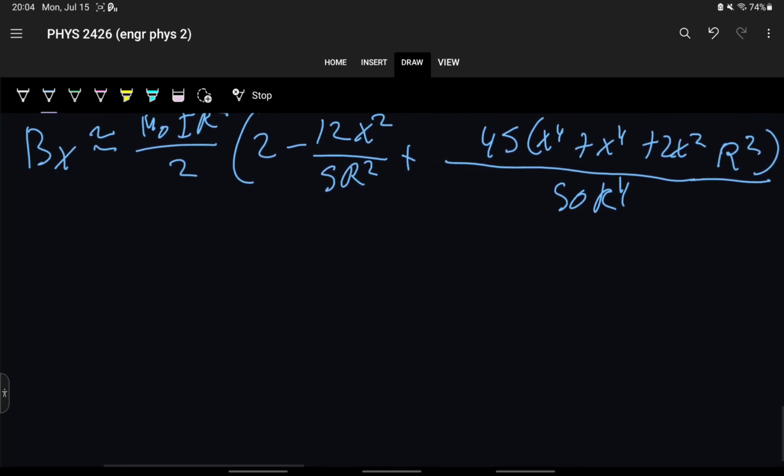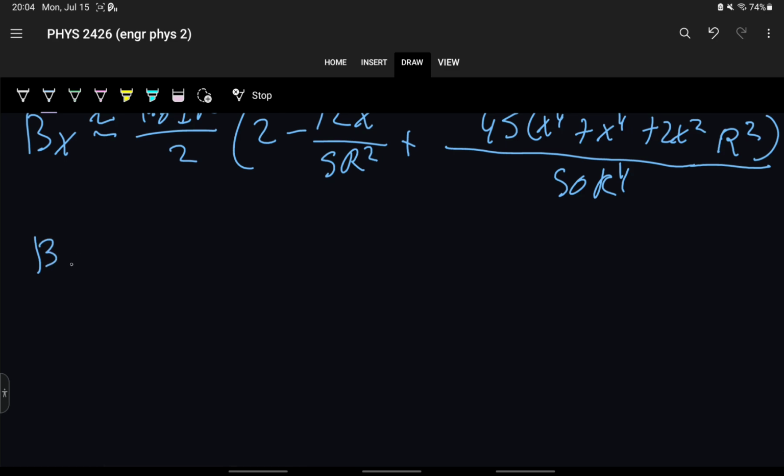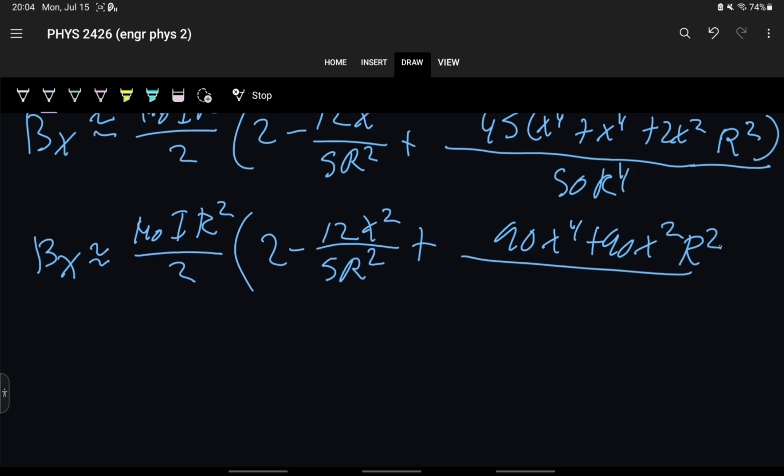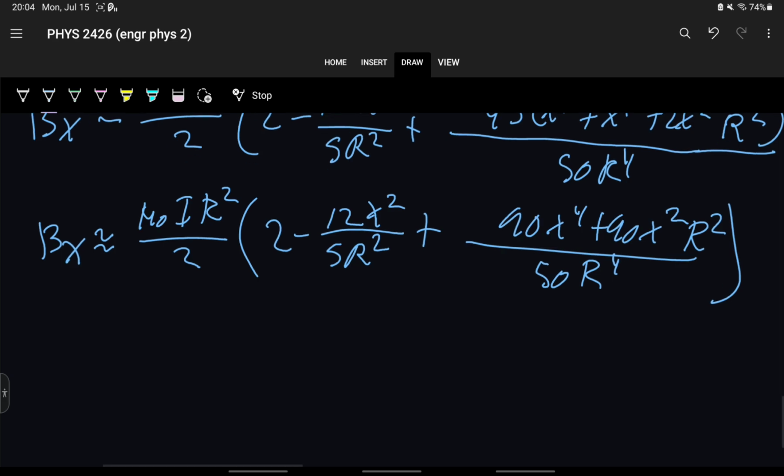And now we can simplify this all to be b sub x is going to be mu sub 0 times I times r squared, all divided by 2. That's going to be 2 minus 12x squared all over 5r squared plus 90x to the 4 plus 90x squared times r squared. That's all going to be divided by 50r to the power of 4.